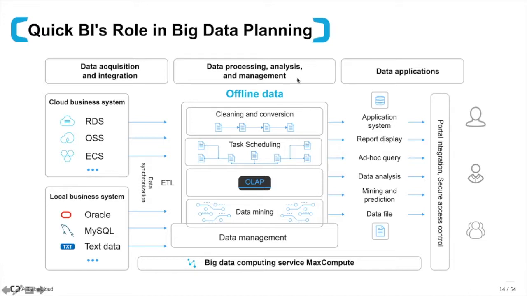And for the offline data, usually we want to dig into the data itself and find the meaningful insights. That's how QuickBI is positioning itself. It's sitting here to do the report display and data analysis, and finally it's using the portal integration features to show the data to the customer.